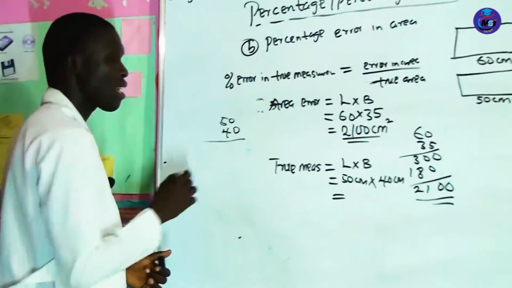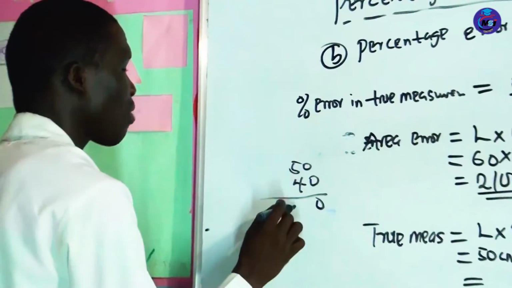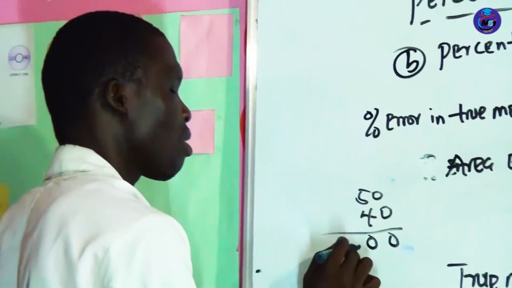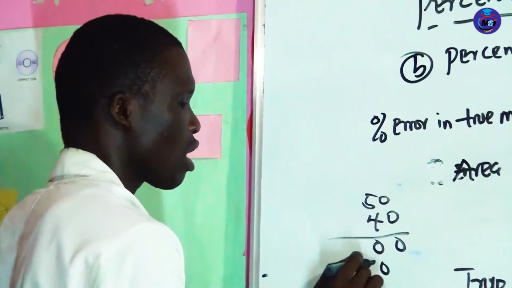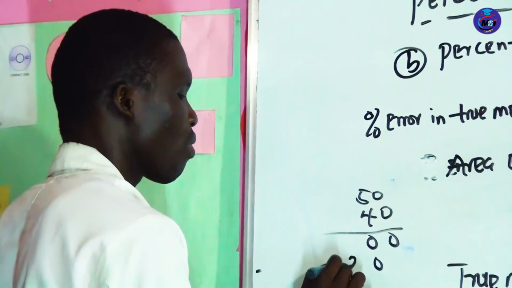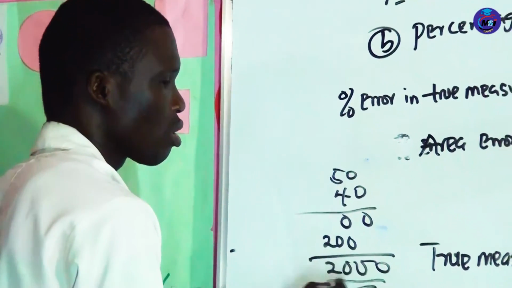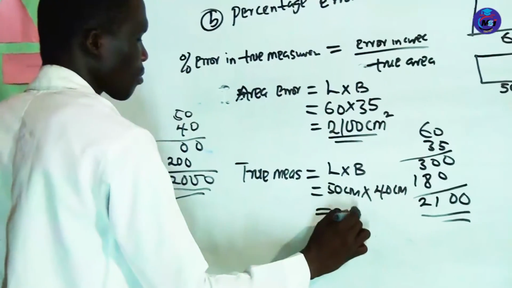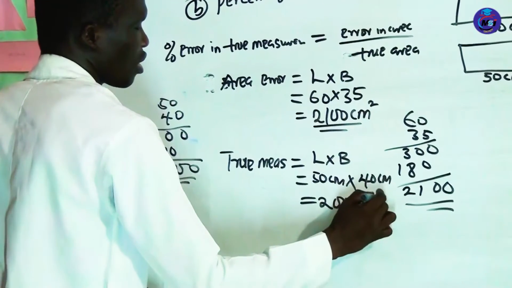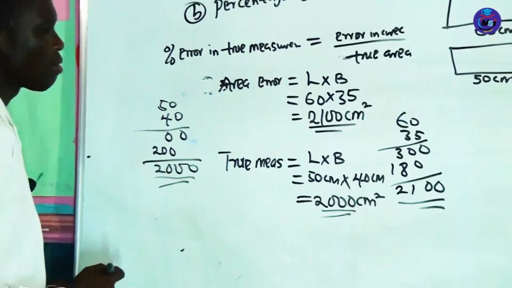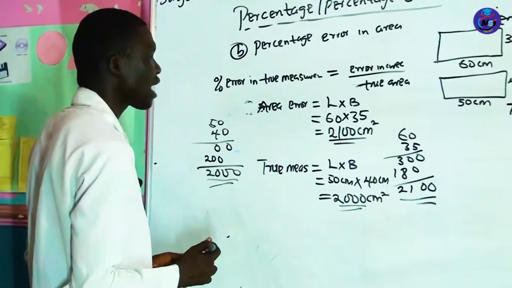Let's multiply. 0 times 0 is 0. 0 times 5 is 0. 4 times 0 is 0. 4 times 5 will give us 20. So this will give us 2,000 centimeter square.